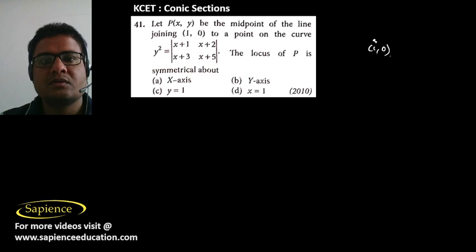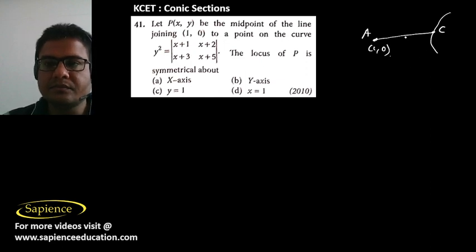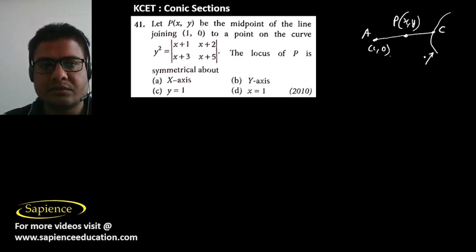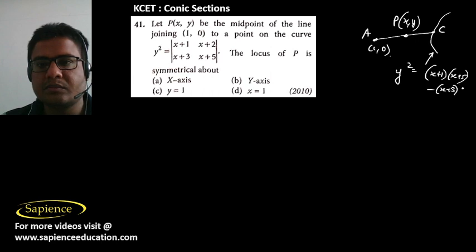So P (x, y) is the midpoint of the line joining A to a point C, suppose, on this curve. P is the midpoint (x, y) of A and C, and the equation of the curve is y square equal to (x minus 1)(x plus 1)(x plus 5) minus (x plus 3)(x plus 2).